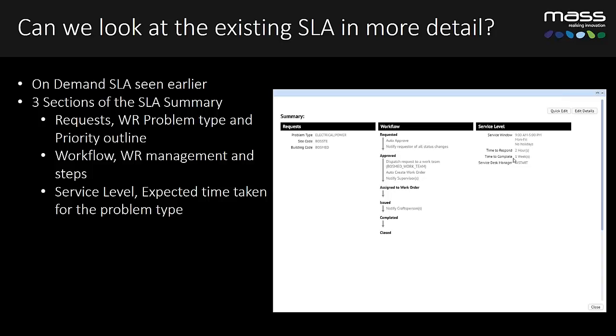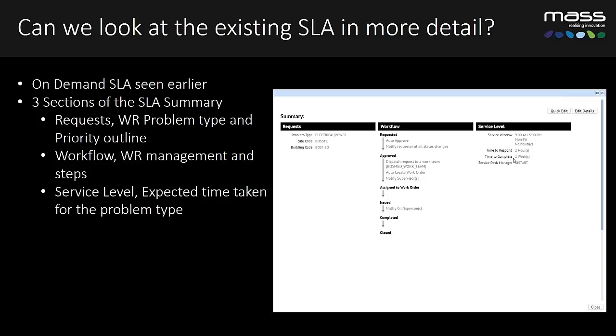Due to the fact that the work order for each work request is auto-created, it will automatically assign it to a work order, and the next step is actually to issue it to a craftsperson. Here we can see that there is a notify craftsperson step. This notify craftsperson step will ping an email to the craftsperson assigned to the work request.